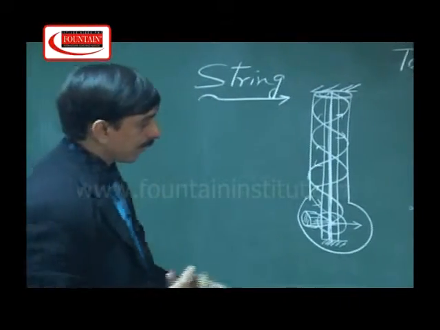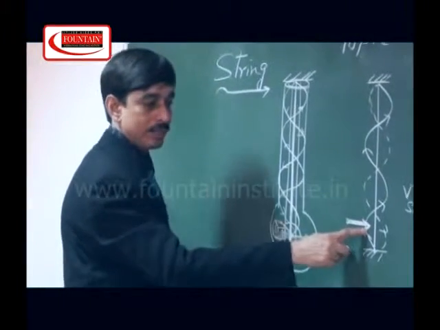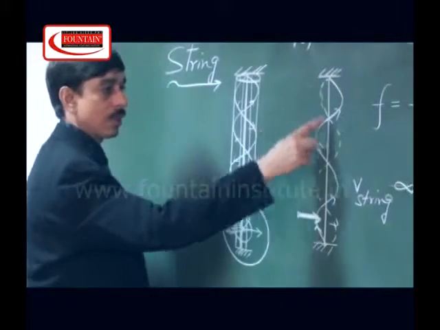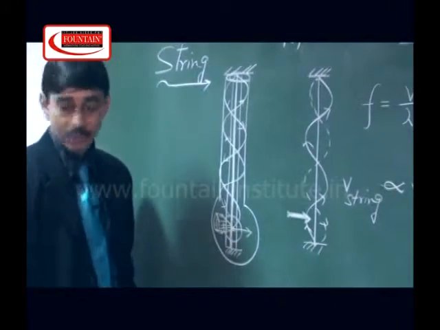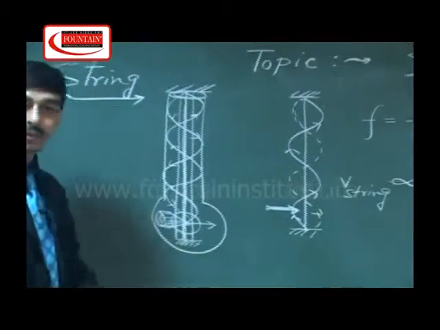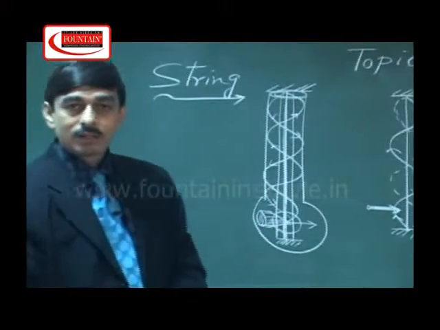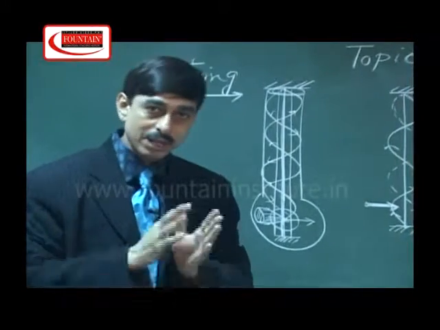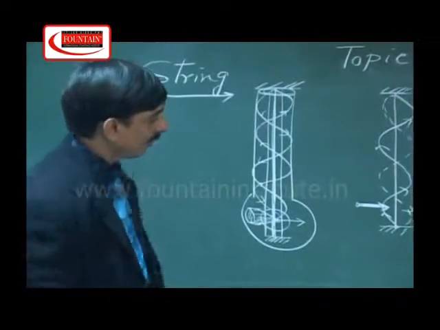See, if a string is vibrated at a particular point and is producing certain waves which are passing through the string, then the frequency of the waves, as we know, is v upon lambda. V is the velocity of the string wave and lambda is the wavelength of the propagating waves.